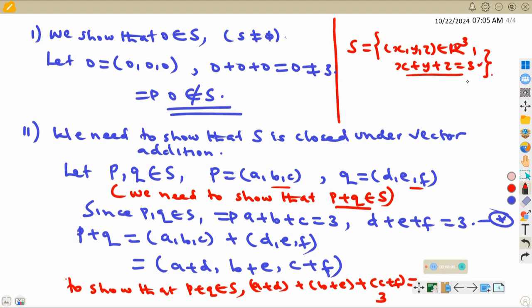It must satisfy this condition for P plus Q to be an element of S. So this is what we need to show. In order to show that P plus Q is an element of S, you must show that the components of P plus Q satisfy this given condition. So let us try to consider that one. That is what we are interested in.